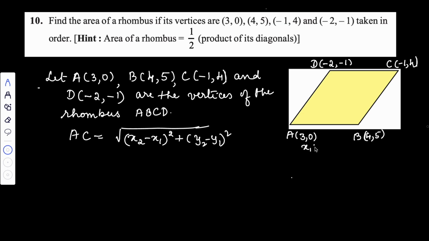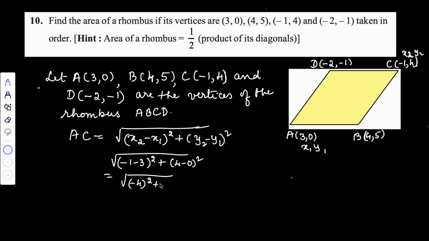So this is x1 y1, this is x2 y2. So (-1 minus 3) the whole square plus (4 minus 0) the whole square. So we will get root of (-4) square plus 4 square, that is root of 16 plus 16, that is equal to root 32. When we simplify and write it, it is 4 root 2 units.